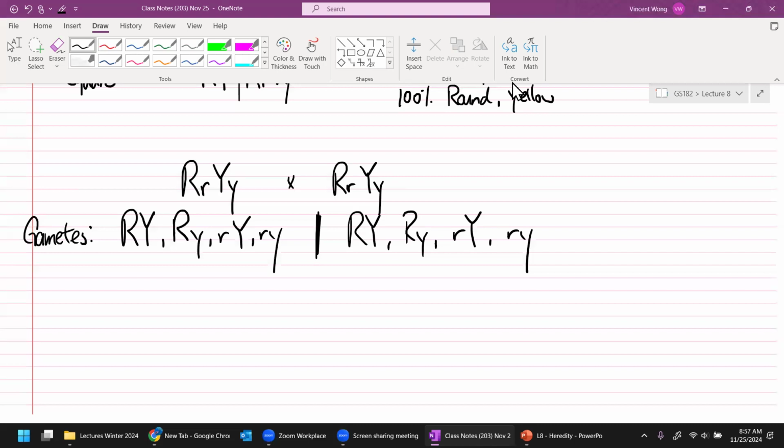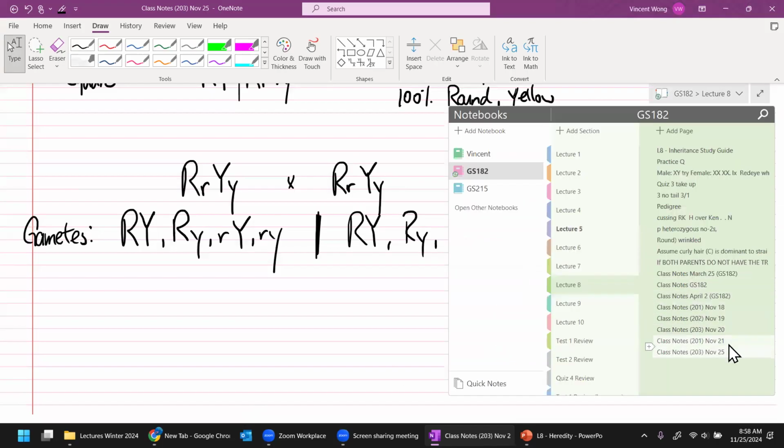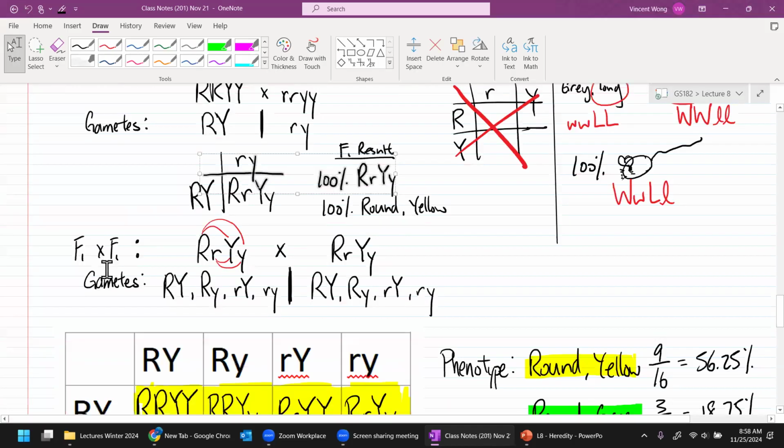So how big is the Punnett square? 16. That's right. 4 combinations here, 4 combinations here, right? It's gonna be a huge table. Okay. I'm gonna cheat a little bit. I already did it with my other class.